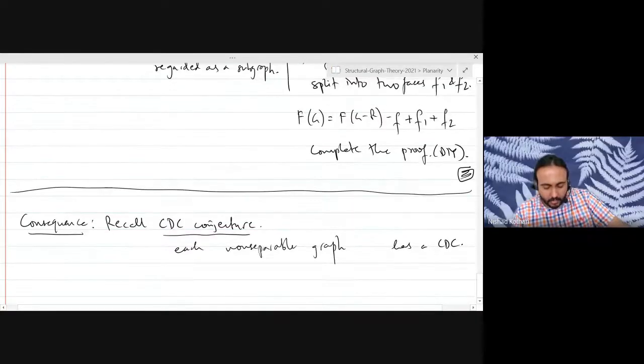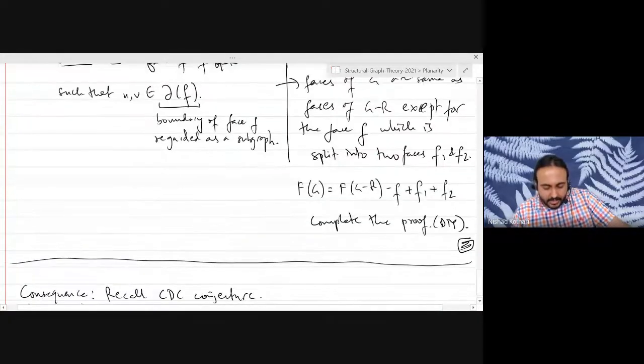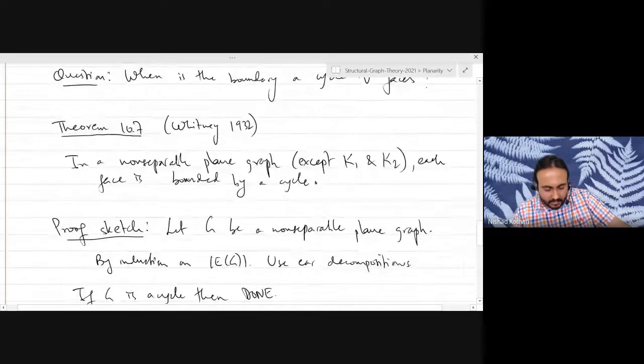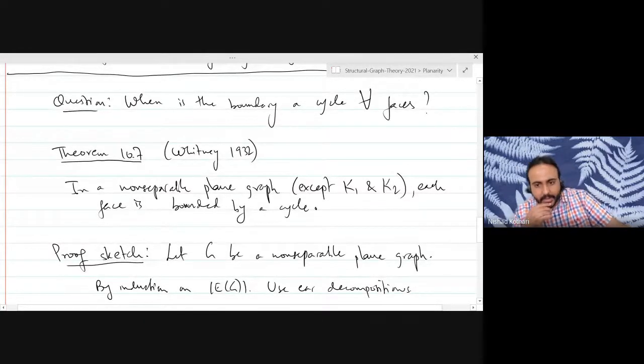What I want to mention is that if you look at this result, Whitney's theorem, it basically proves it for all non-separable planar graphs. I claim that because of Whitney's theorem, the statement of the cycle double cover conjecture is true for all non-separable planar graphs, and therefore for all planar graphs.